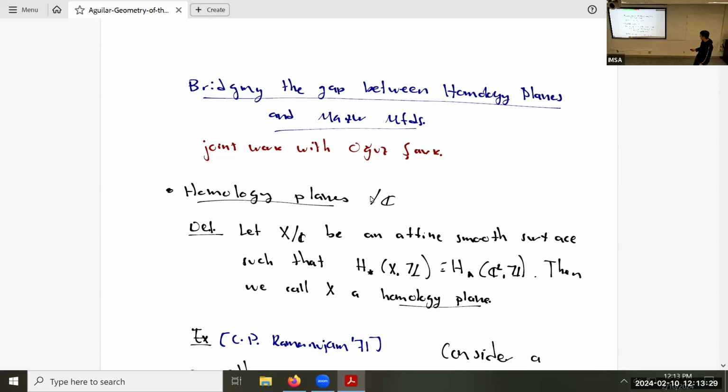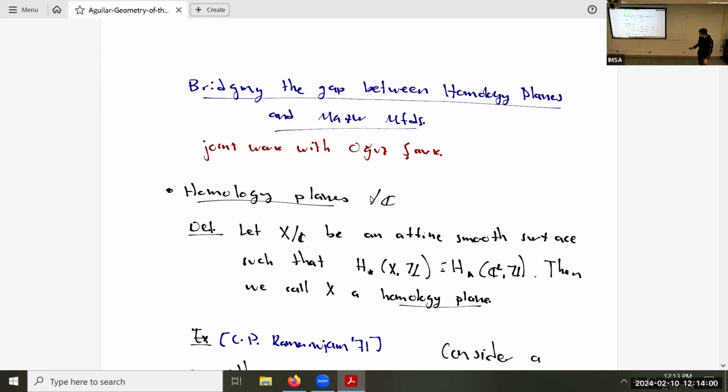So the first part that I'm going to explain is going to be over C. Then I'm going to explain the topological part over R, and then I'm going to try to make the connection between the two. So these homology planes are affine smooth surfaces that have the same integer homology as the complex plane. So we basically call it a homology plane.